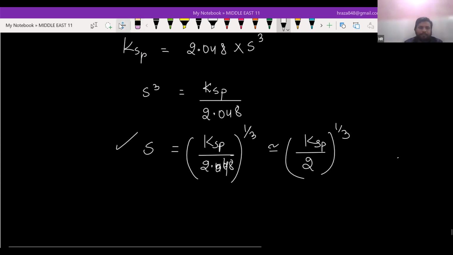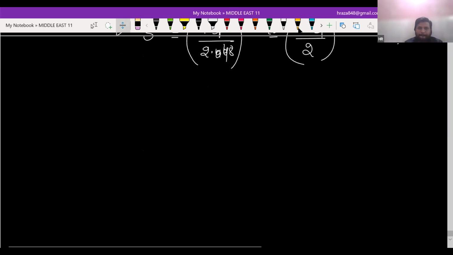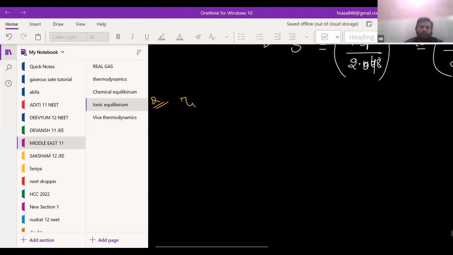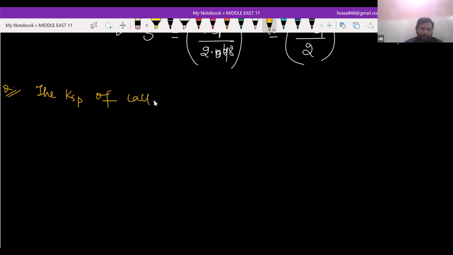Okay. So we are going to have another question. This is homework basically. Just write the question. The Ksp of CaCl2 is 108 into 10 raised to the power minus 15.